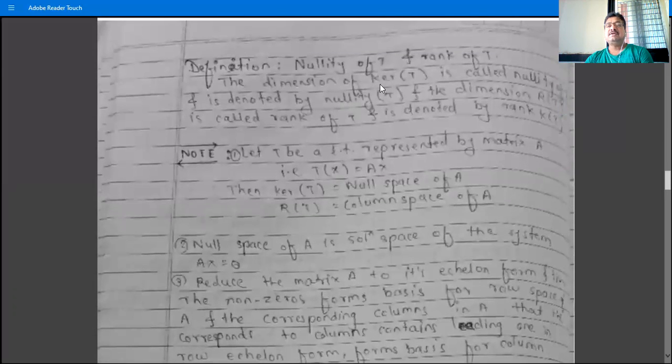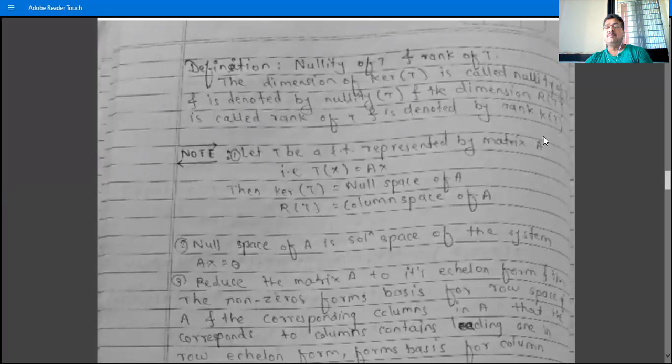So here is the definition of nullity of T and rank of T. What is the nullity of T? The dimension of the kernel of T is called the nullity of T and is denoted by nullity(T).